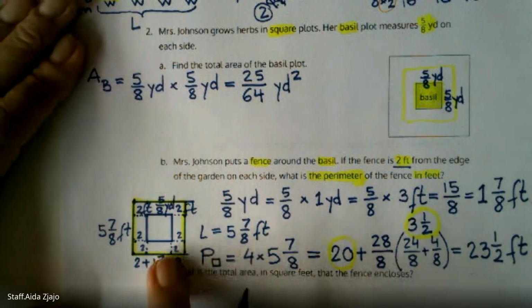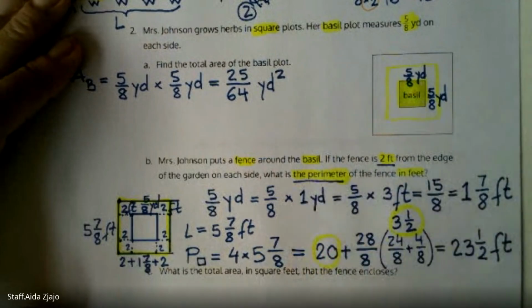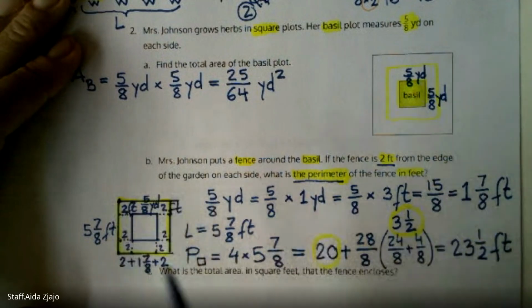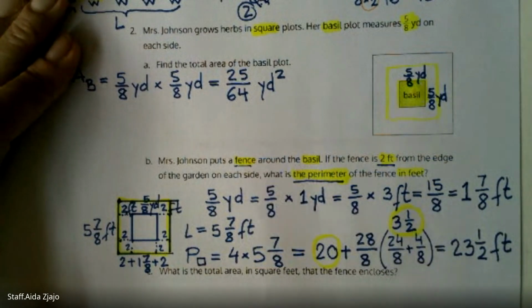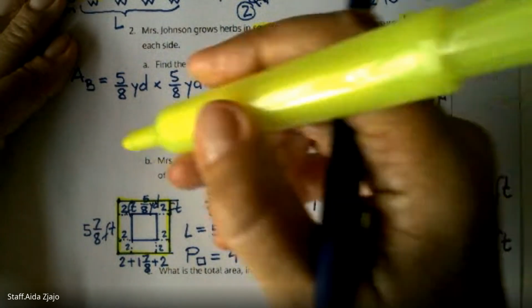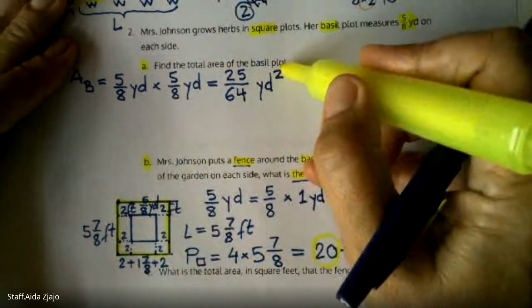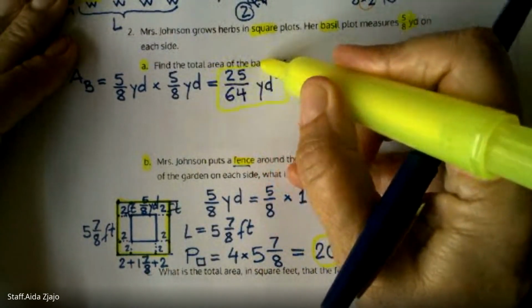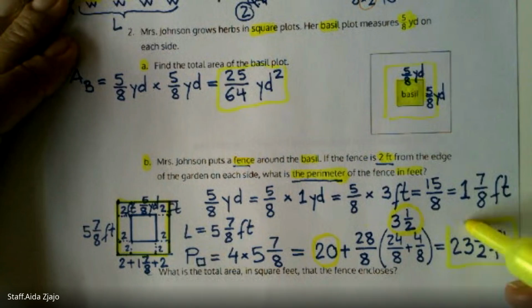Because we're not calculating area, we're calculating perimeter, and perimeter is the feet around that represents the fence. Fence is perimeter. So this is the answer for B. The A was this, and then B is this.